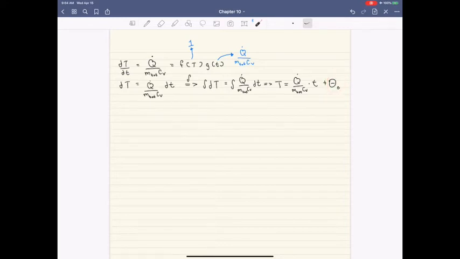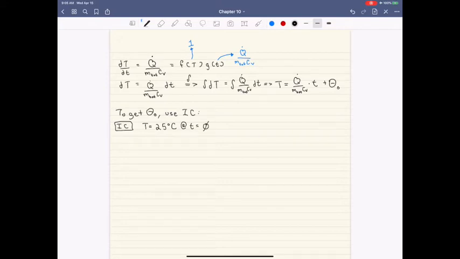So pause the video here and think about how we're going to solve for this constant. To get theta naught, what we need to do is apply our initial conditions for the system. For this system, our initial condition is that the temperature of the system is equal to 25 degrees Celsius at time equal to 0.